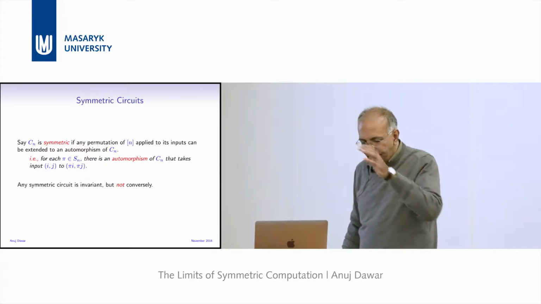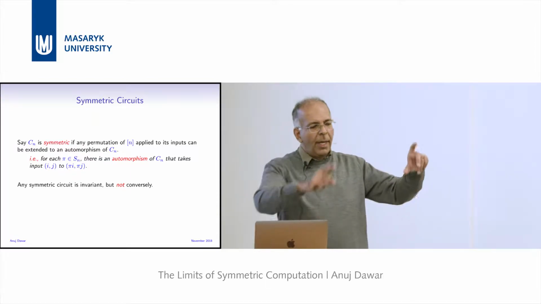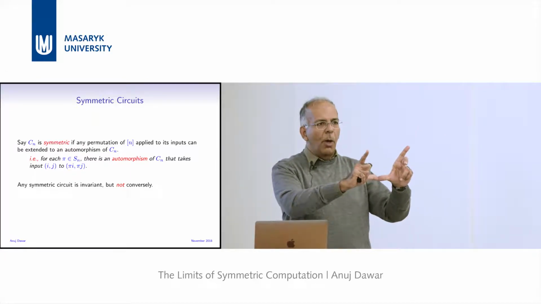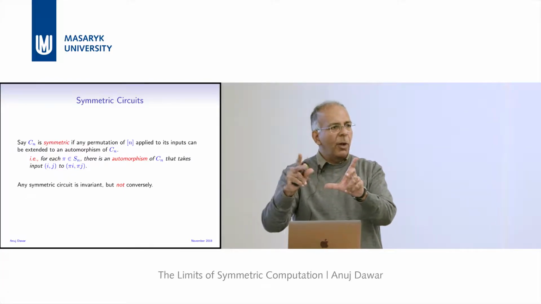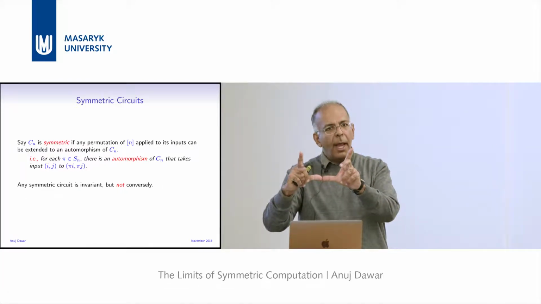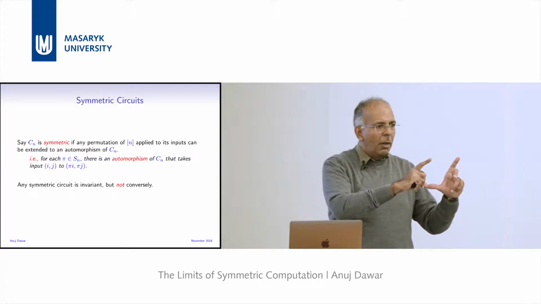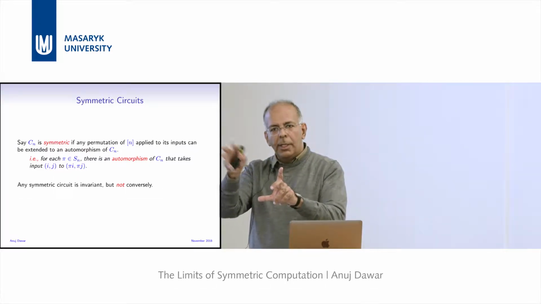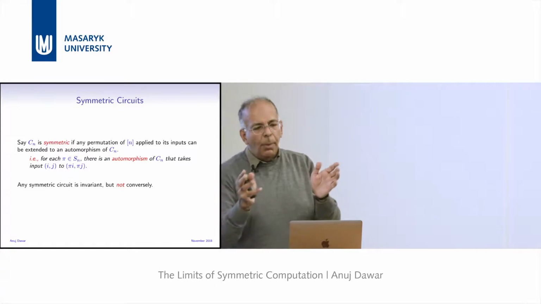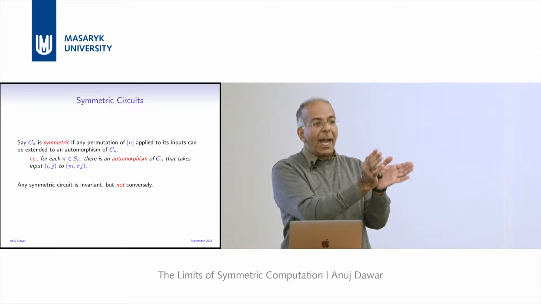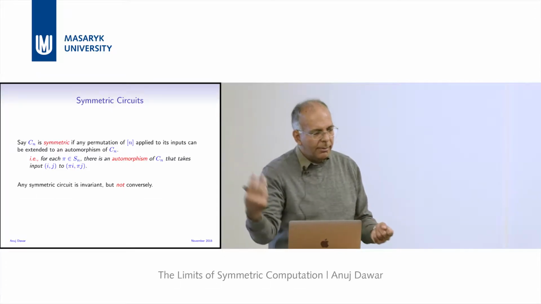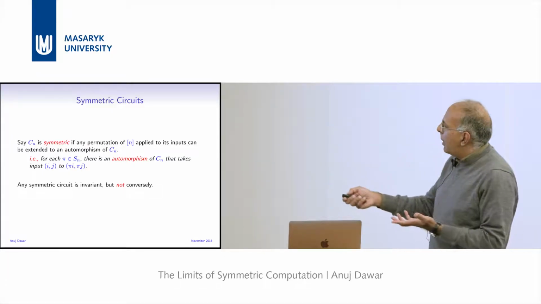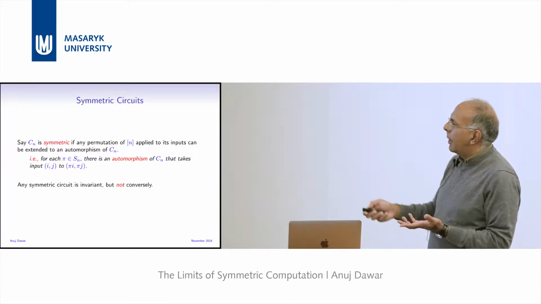This is like the case with monotone. I described a class of problems as being monotone and said that in principle you can get rid of the NOT gates. But not every circuit which is semantically monotone, meaning the result is monotone, is syntactically monotone, in the sense of not having NOT gates. So similarly, not every invariant circuit is symmetric.